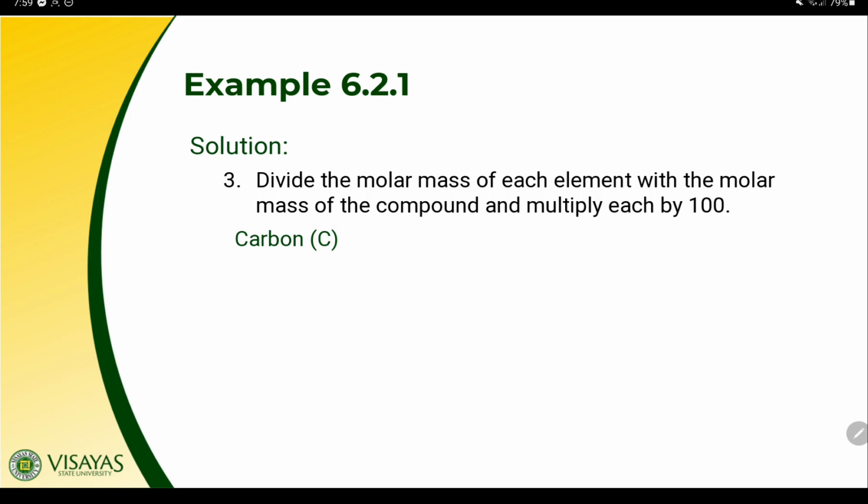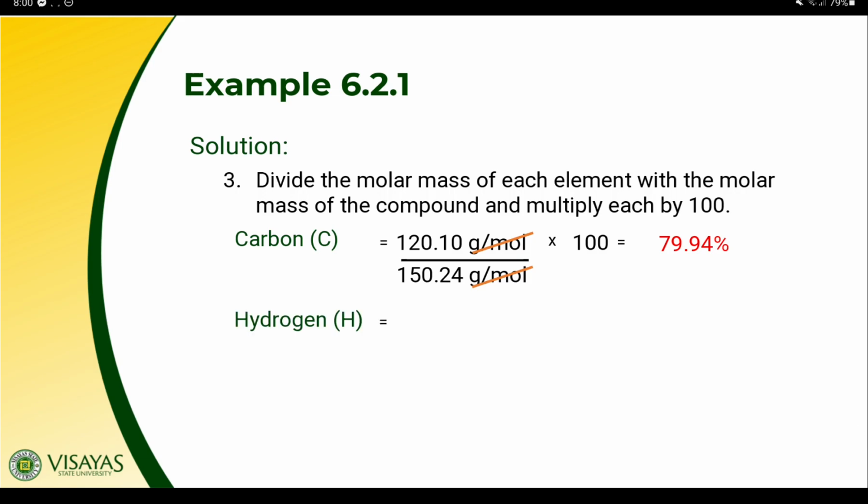Again, to compute the percent carbon in the given compound, we have 120.10 grams per mole divided by the molar mass of the compound, which is 150.24, and we multiply that by 100. Here the grams per mole units cancel, and we get 79.94% carbon in the compound.